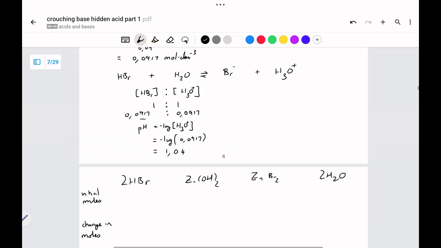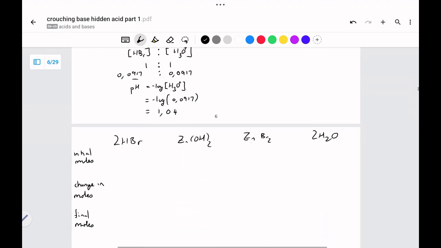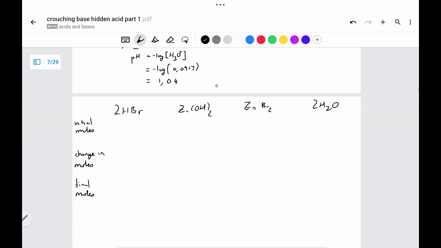The question is asking the mass of the base, the zinc hydroxide. It was the limiting reagent because we know that the HBr was in excess because they asked us to calculate the final pH. So this is going to be our X. Final moles of the limiting reagent is 0.